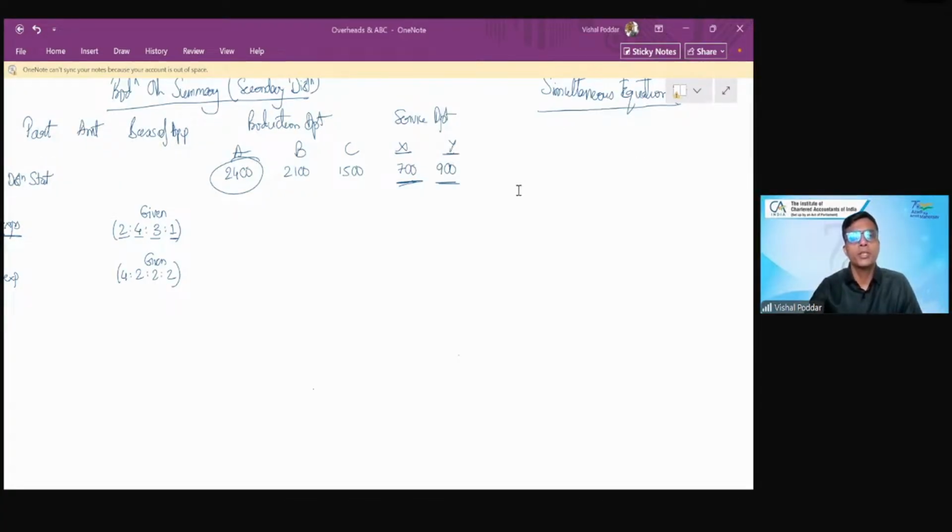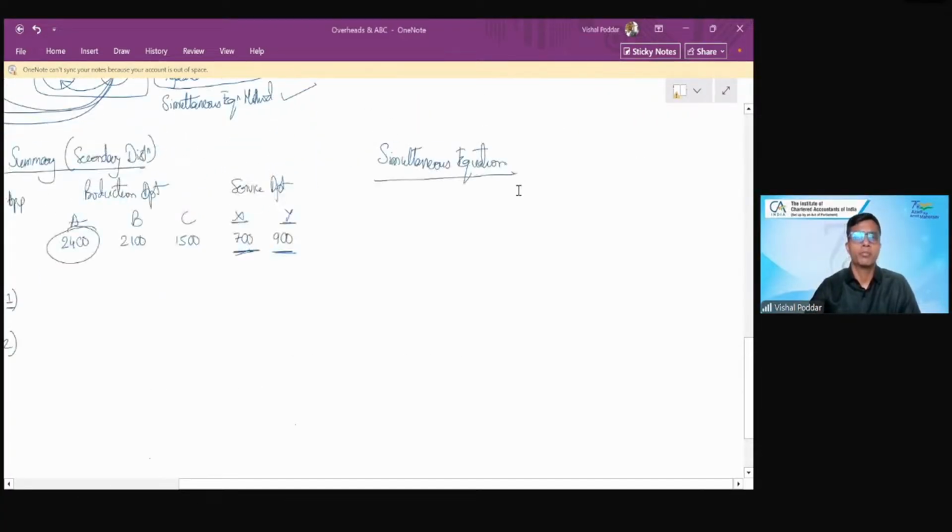Now, to avoid this repeated effort and the mechanical process, you are given a shortcut, which is the simultaneous equation. Now, simultaneous equation says, let us first find out what will be the total expense of the service department.